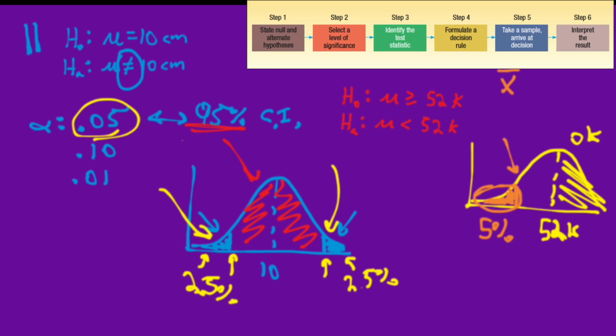When we set up our null and alternative, we're thinking about whether it includes greater than or less than, or whether it's simply equal to 10 and not equal to 10. That's going to dictate where we go, and we need to keep that in mind when we turn to levels of significance and future steps as well.